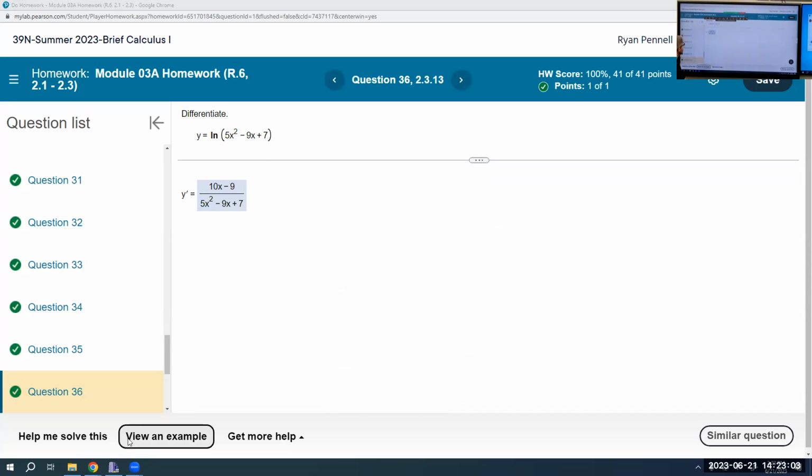This is ln of a function. So I think we should probably use chain rule for this. That would be wise. Okay. Du dx is 10x minus 9. Okay.